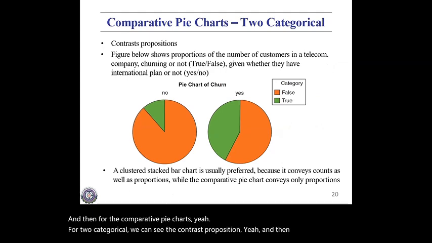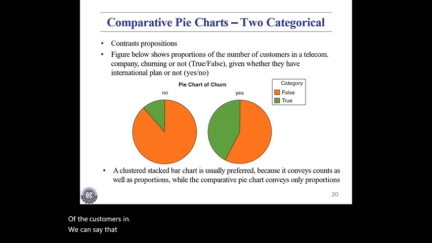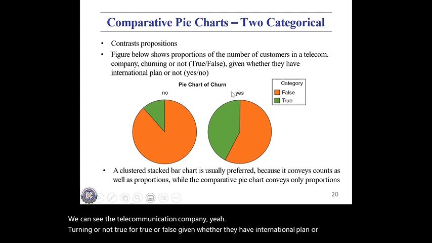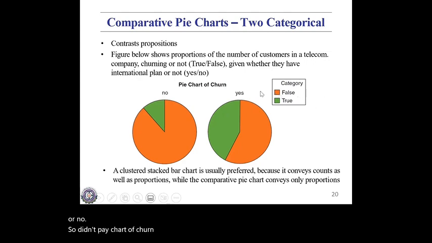As shown in the following figure, the proportion of the number of customers in the telecommunication company churning or not, true or false, given whether they have an international plan or not, yes or no. So the pie chart of churn is the category.